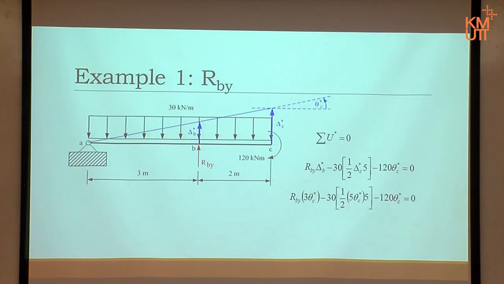If it's not zero, then when you put theta C star out, the bracket has to be zero to make that equation true. Correct? In other words, I will have that system inside the bracket, and then I can calculate RBY. Okay? Then, what is the unit of RBY?